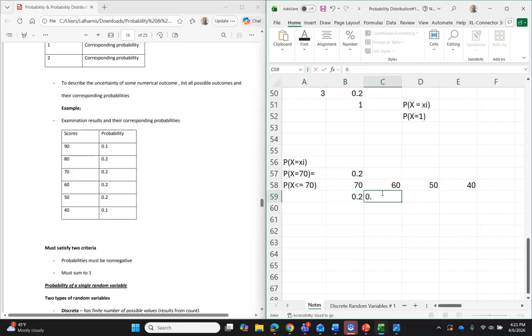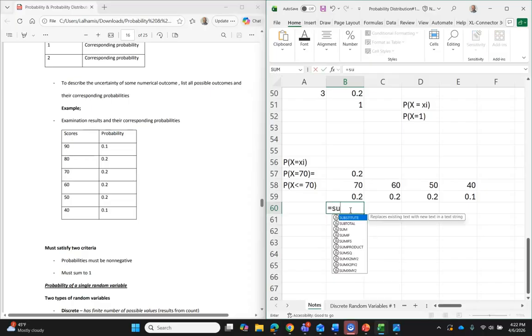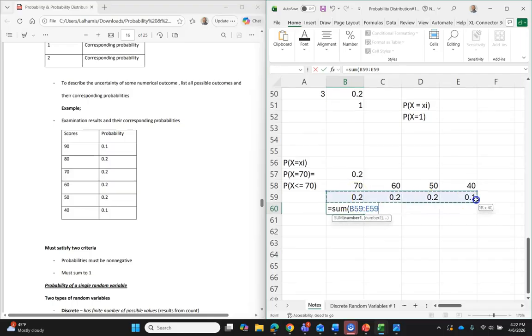It is 0.2. What about 50? That one also is 0.2. And what about 40? 40 is 0.1. And so we can add them. I'm going to put equal sign and type sum of these probabilities, highlight this, close the bracket, and enter. So we have 0.7. The probability of less or equal to 70 is 0.7.